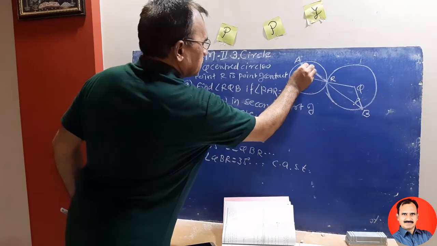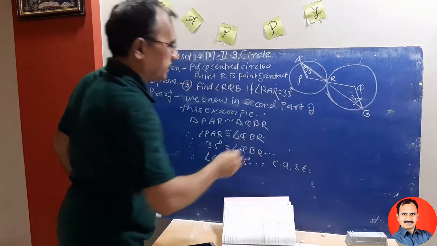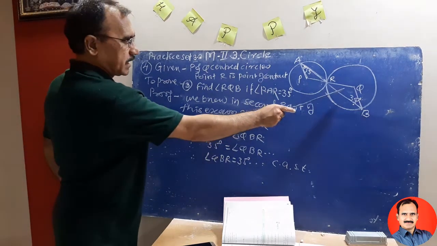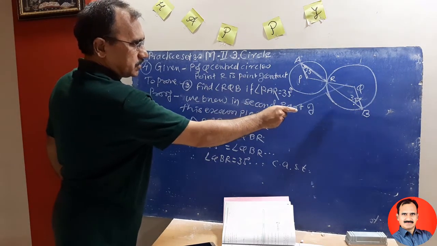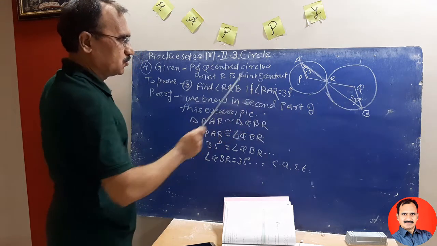Now this one is 35 degrees and this one is 35 degrees. Now in this triangle, this one is 35. This triangle is an isosceles triangle, therefore this angle is also 35 degrees.